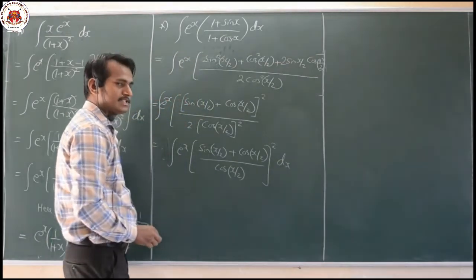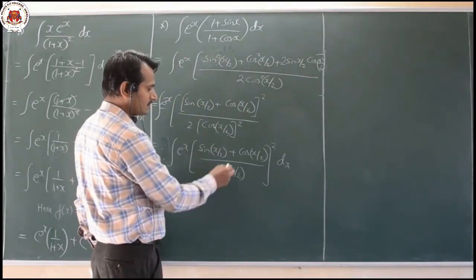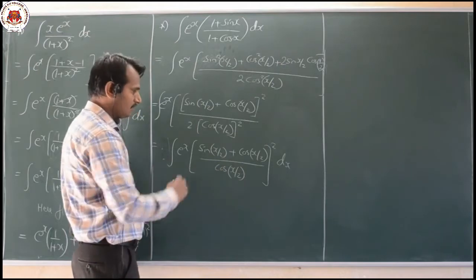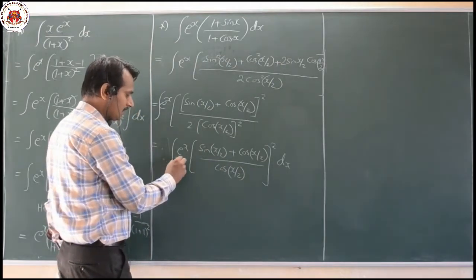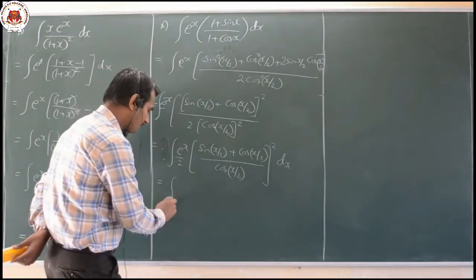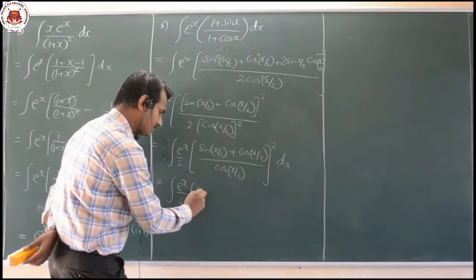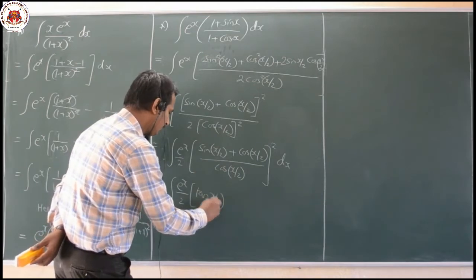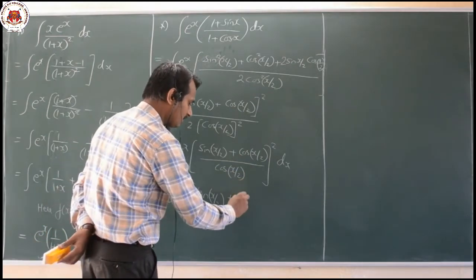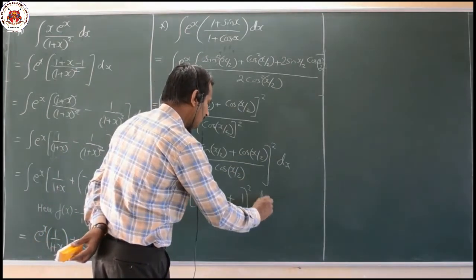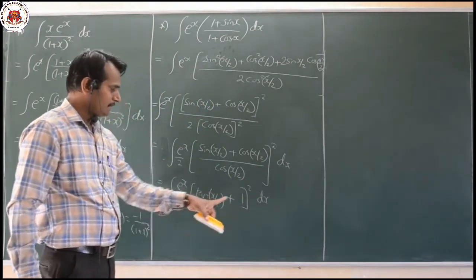Now what I will do is divide here: sin x by cos x plus cos x by cos x, whole square. Here again the extra term is 1 by 2, that is integration of e raised to x by 2, sin x by cos x is tan x by 2, plus cos x by cos x, that value will be 1. Now here we get a plus b whole square.